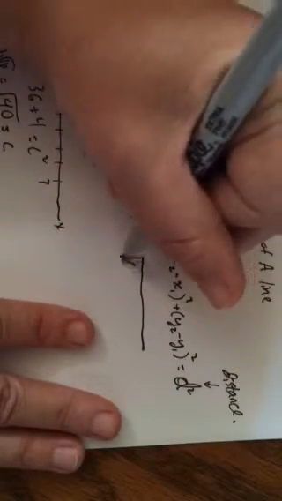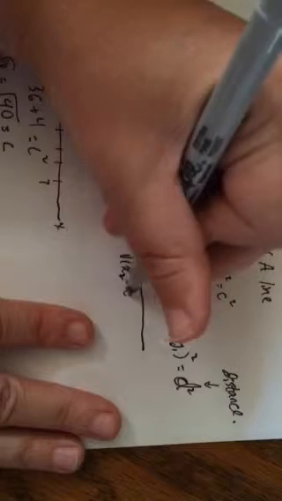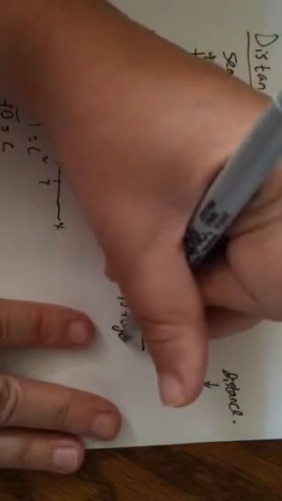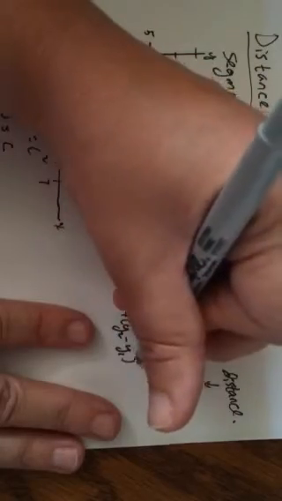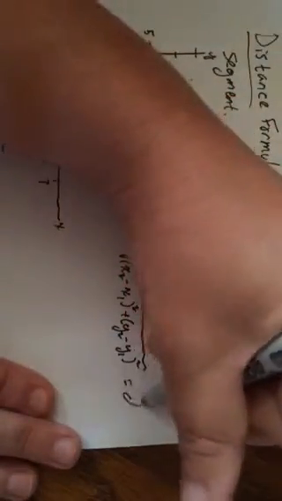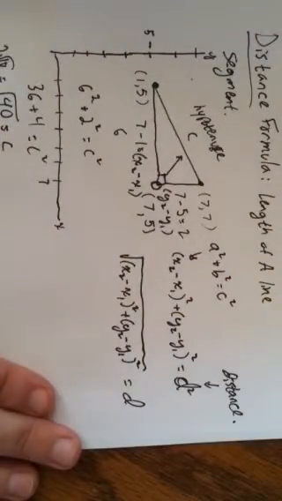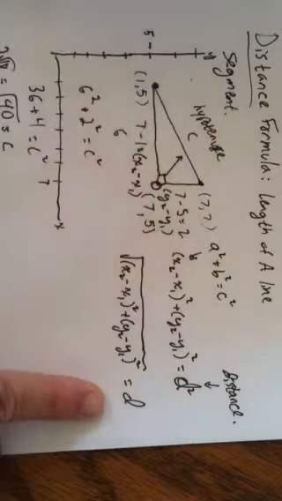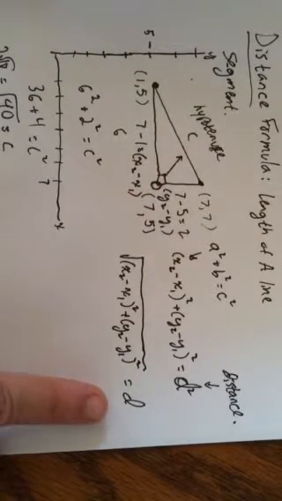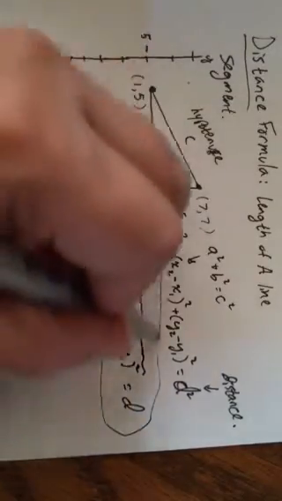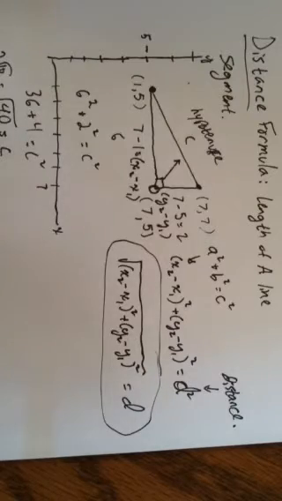So I'm going to have the square root of x2 minus x1 squared plus y2 minus y1 squared. Usually when you take a square root in an equation, you need to write the plus or minus in front, but since it's a distance, I can only have a positive distance. So I'm just going to leave it with a positive in front, no minus. So this is the distance formula that we're going to use in talking about circles.